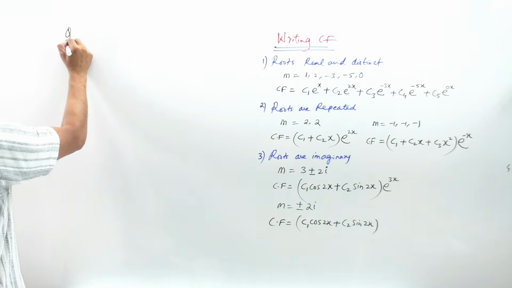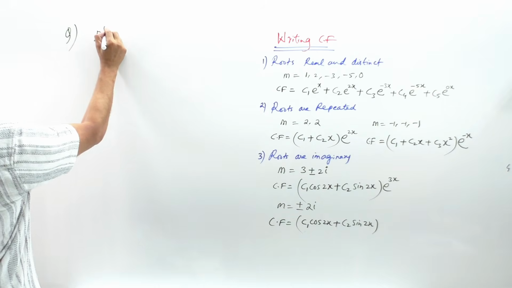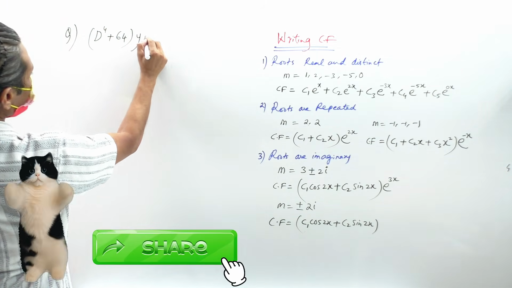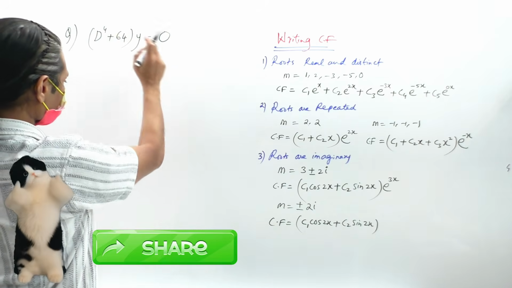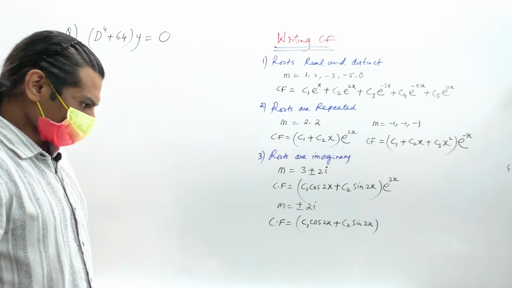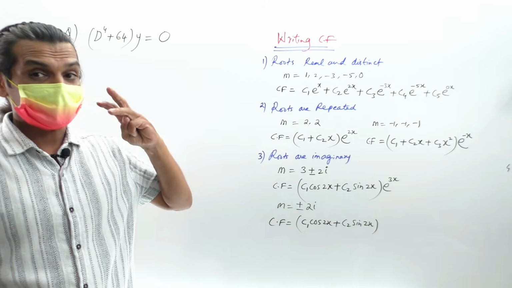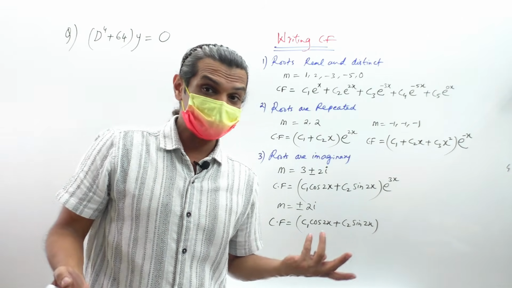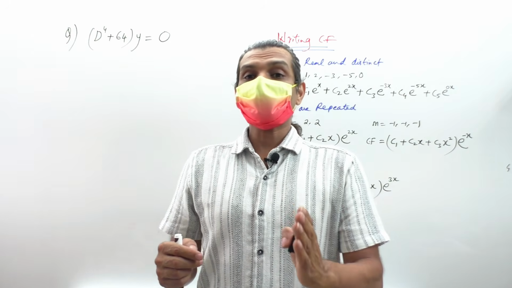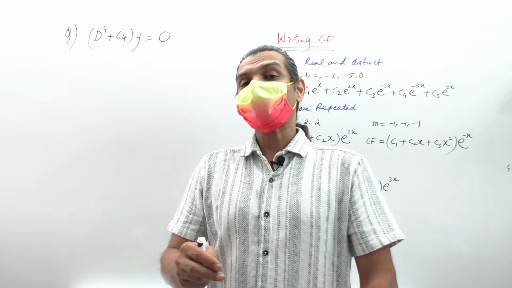So let's take this question as d raised to 4 plus 64 into y is equal to 0. Okay, so let's solve this now. If they ask this question, it can be for around 5 to 6 marks, sometimes 7 marks. The fx-991 ES Plus has a limit only up to ax cube, third degree.